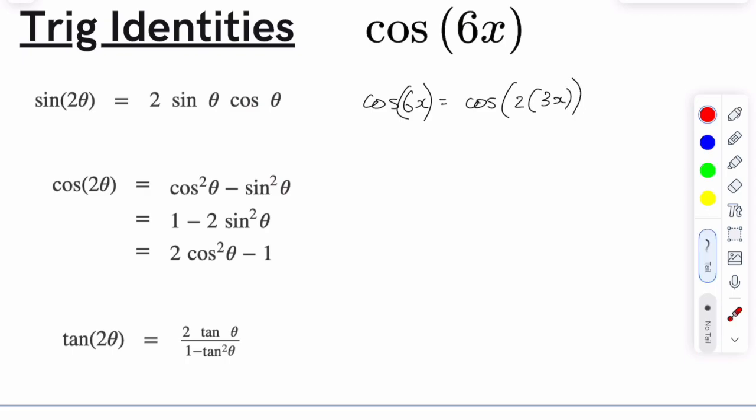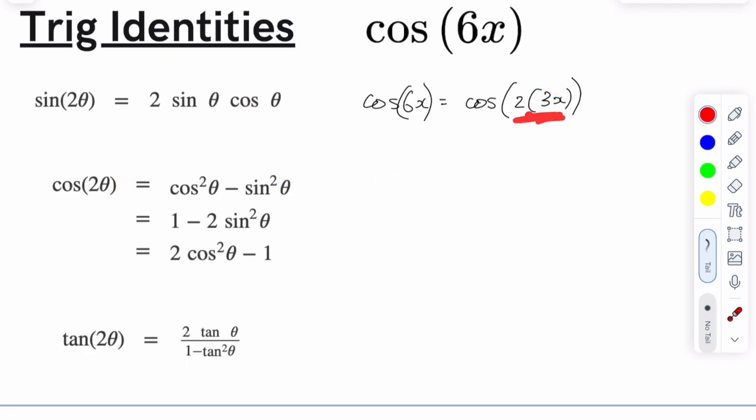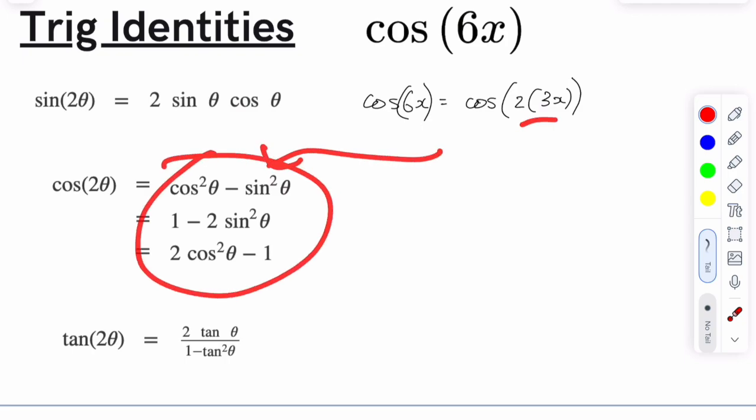Now what does that look like here? What that looks like is 2 theta. Okay, sorry, over here. Cos 2 theta, which means we now have leverage to expand into these equations.